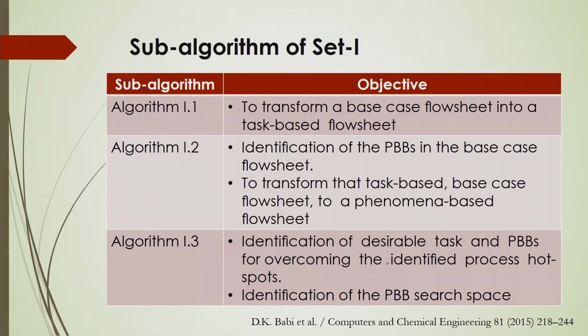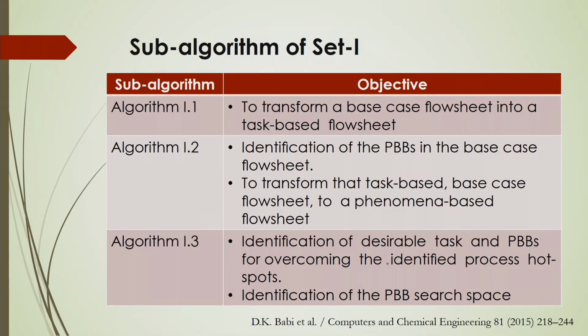Sub-algorithm 1.1, under set 1, is used to transform a base case flowsheet into a task-based flowsheet. Algorithm 1.2 is the identification of the PBBs in the base case flowsheet, and it transforms the task-based flowsheet into the phenomena-based flowsheet.